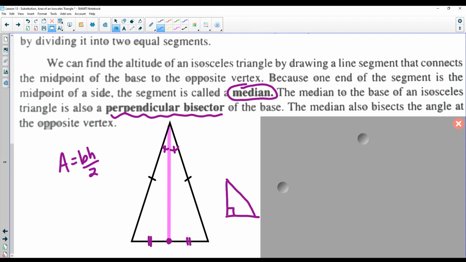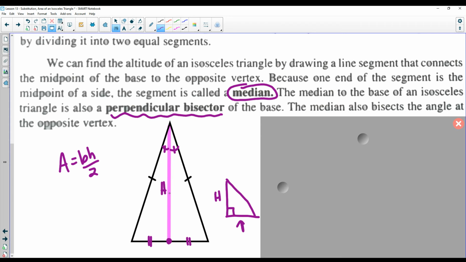If we take the half of this, we can tell what this half of the side is if we know the full base, right? We're just going to take half of it. But do we know the height? Do we know h? Do we know the altitude of that triangle?